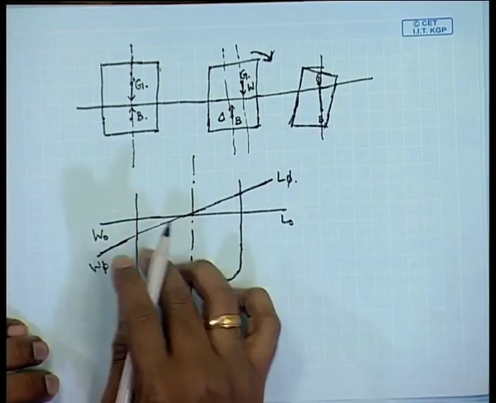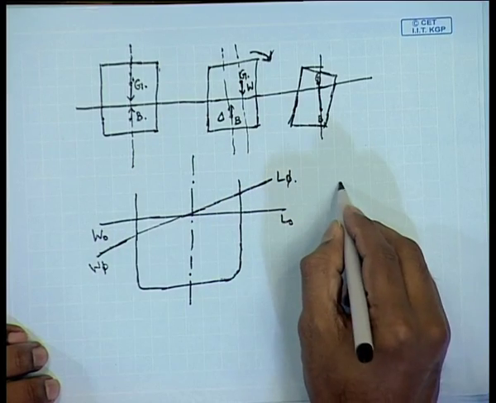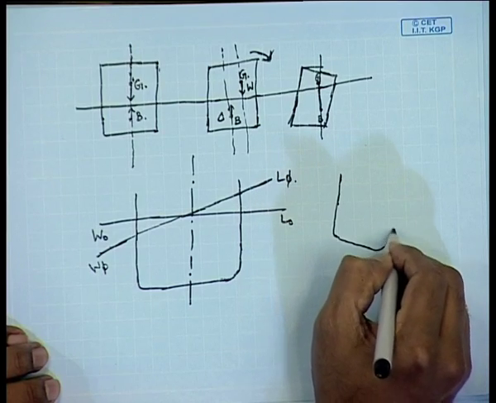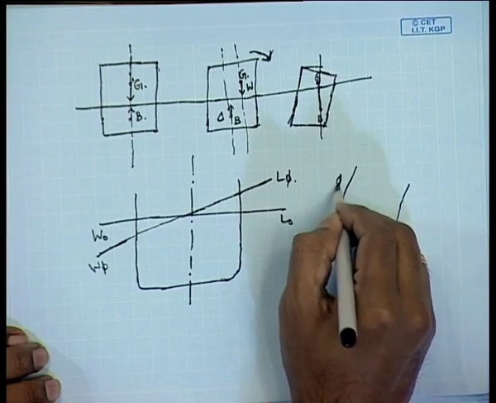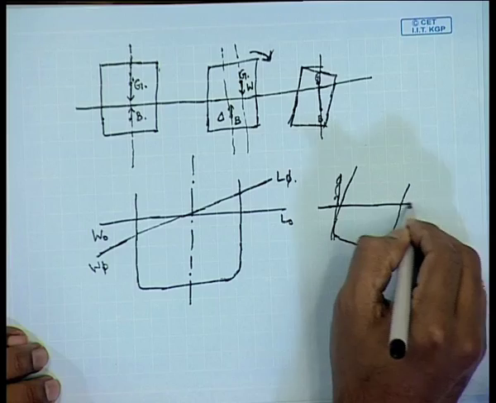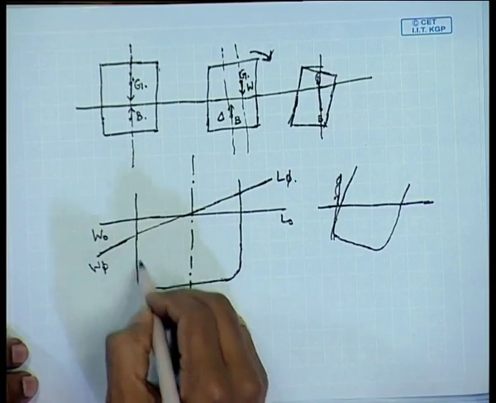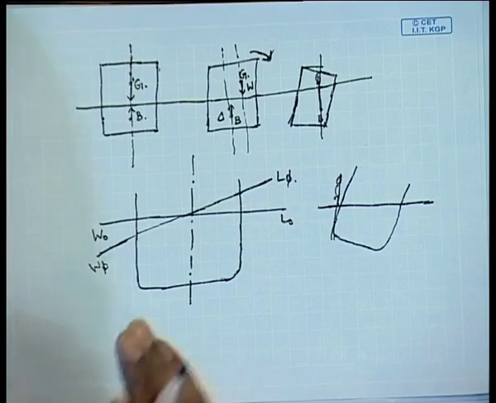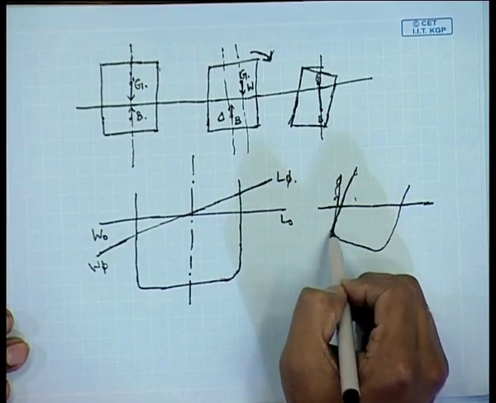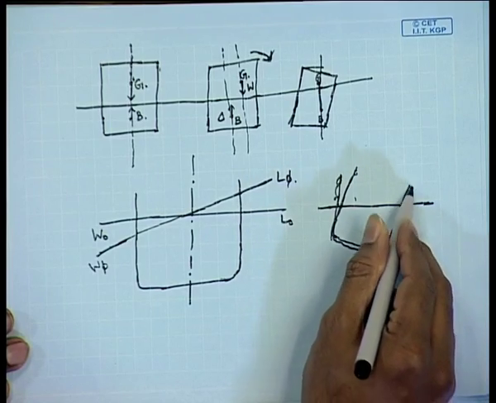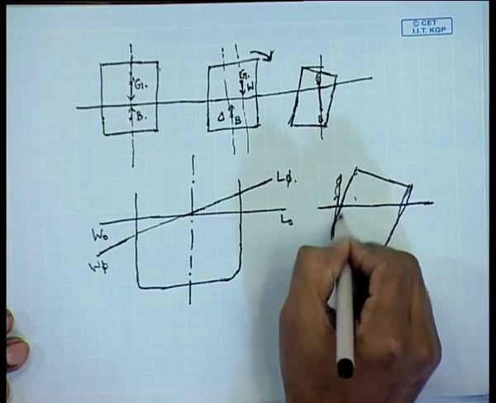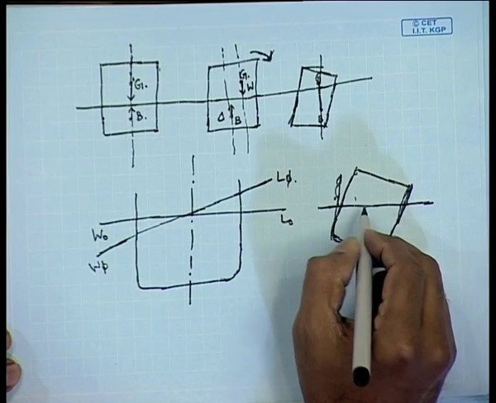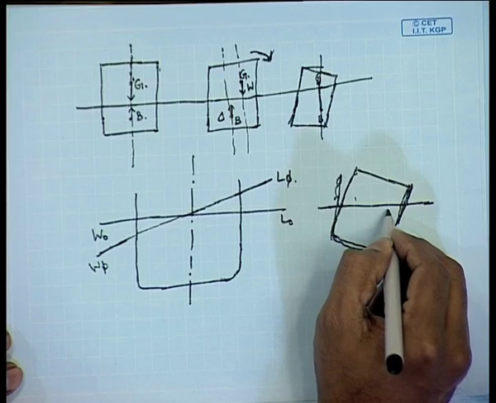What has happened here is that this body was initially horizontal, and then that body tilted in this direction, and therefore some part of the body has gone in at this side.